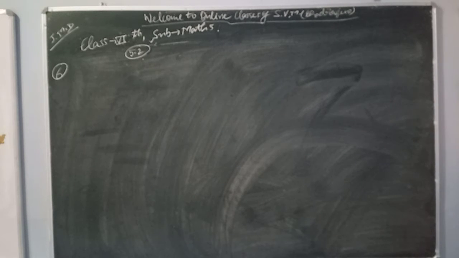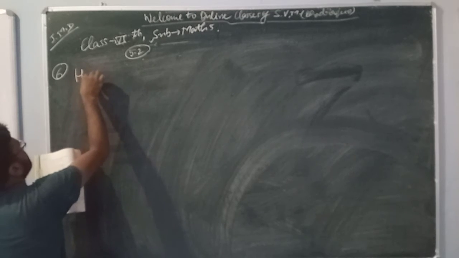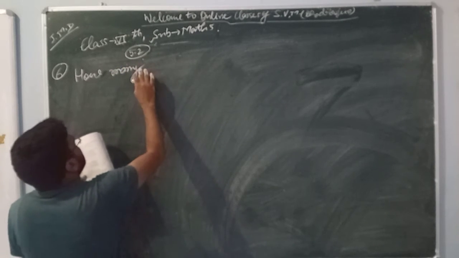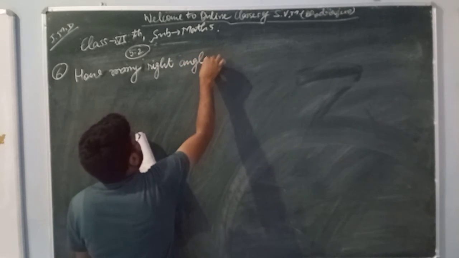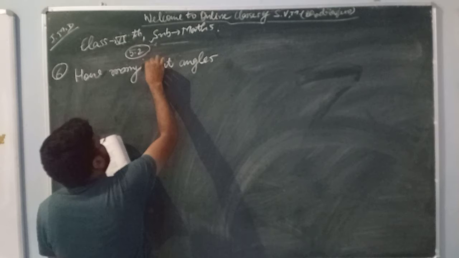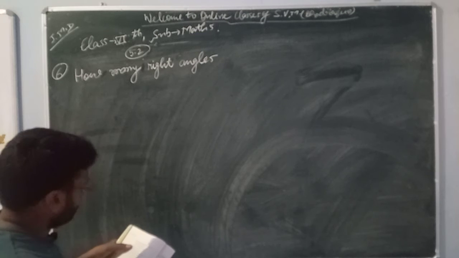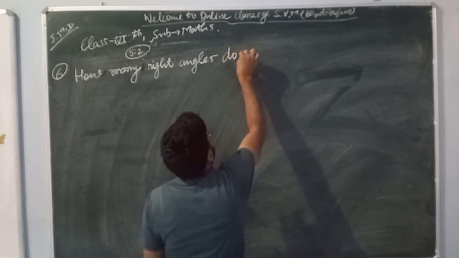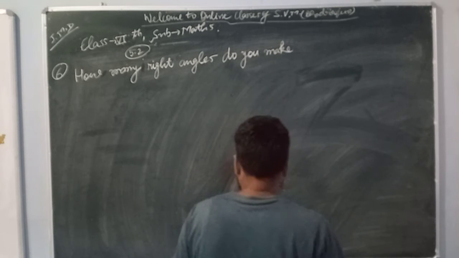6th one is what? How many right angles do you make if you start facing? Question mark is not there.